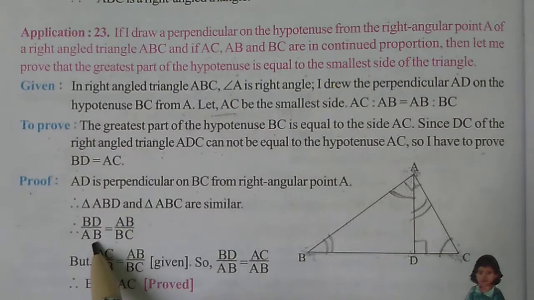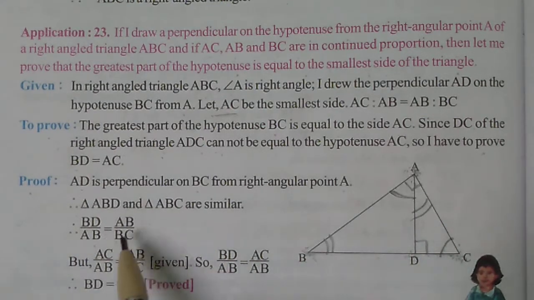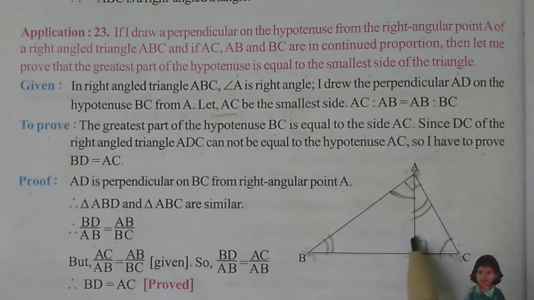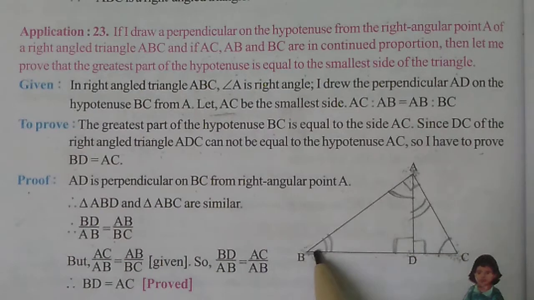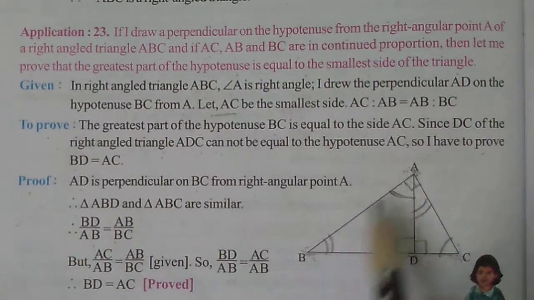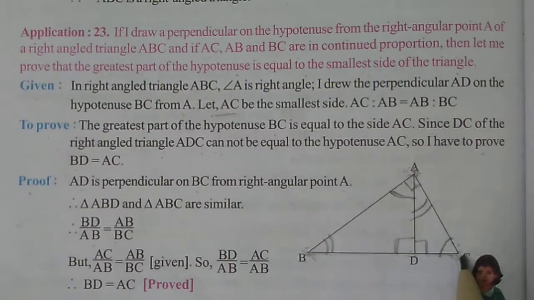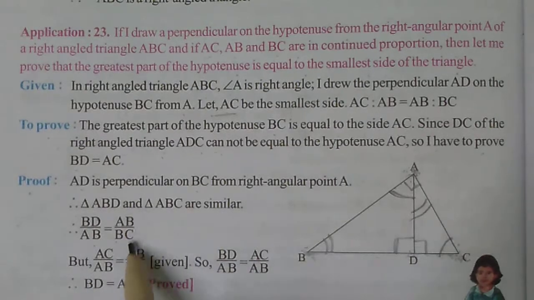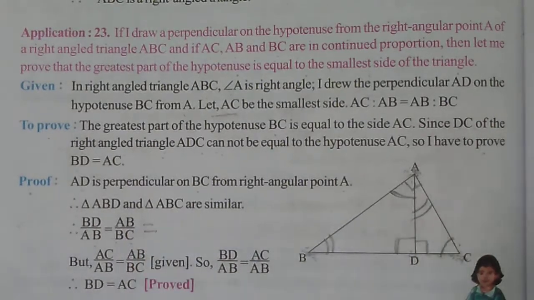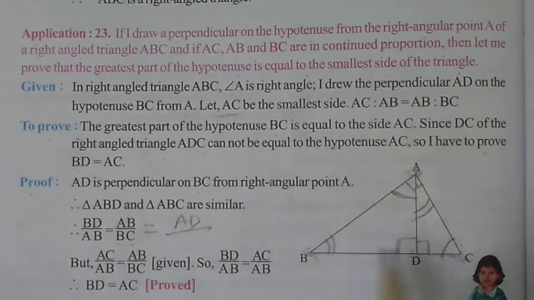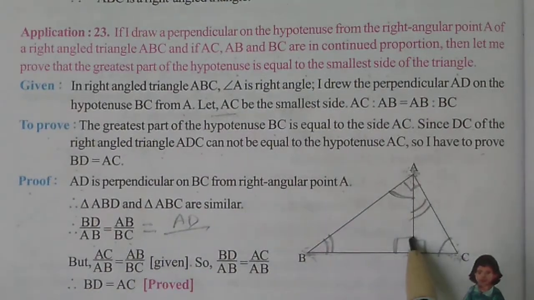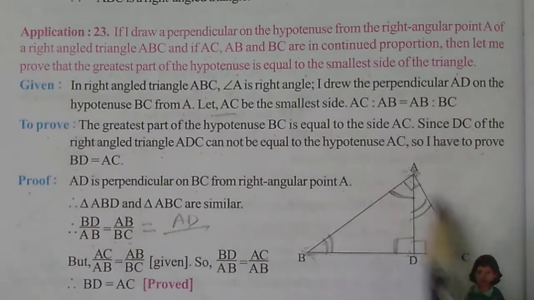Hence BD by AB equals AB by AC. AB means the opposite side of the right angle, and opposite of angle BAC is BC, so AB by BC, which is also equal to AD by AC.